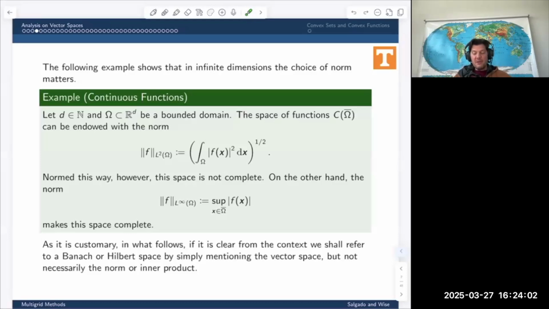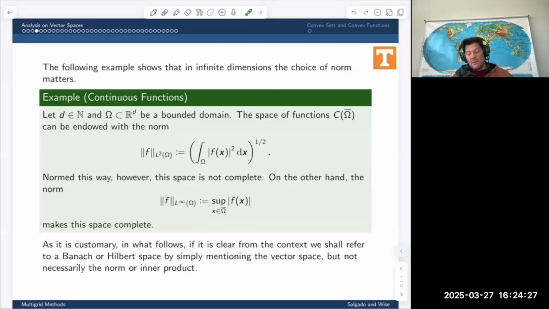so if it's clear from the context, we're going to refer to a Banach and Hilbert space simply by naming the vector space, and we won't necessarily add the norm or the inner product associated to it. Like, for example, commonly when I refer to this space, I'll say just the space, and it'll be understood that it'll always be paired with this inner product or this norm.